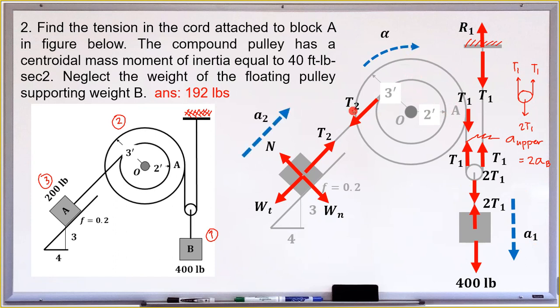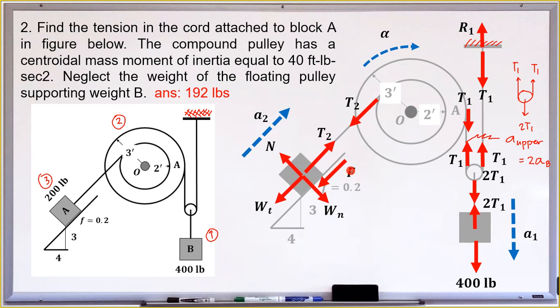In the same manner, since block A is connected via this rope, it is pulled upward, up the inclined plane. This is A2. With the direction of motion, we can now tell that the frictional force is downward. So F is represented by this F.